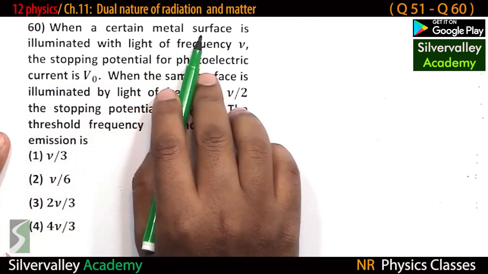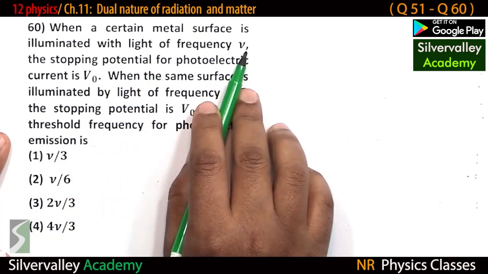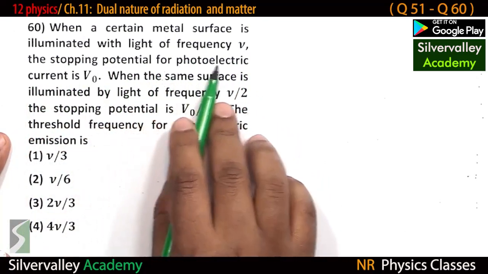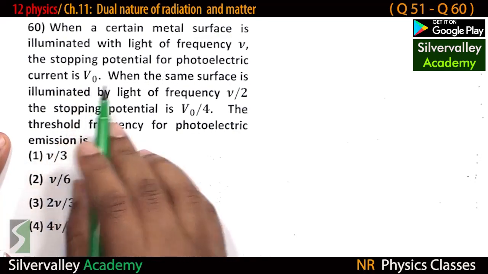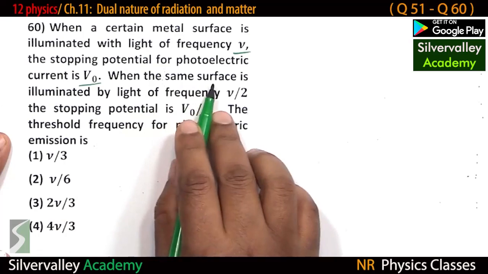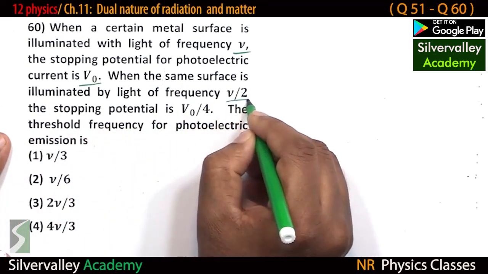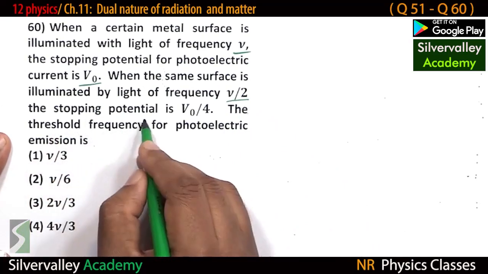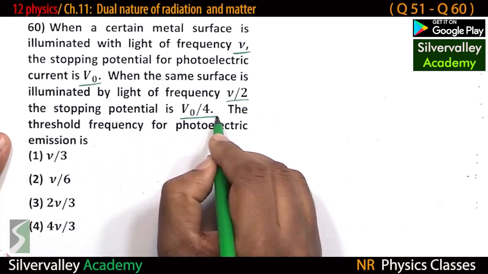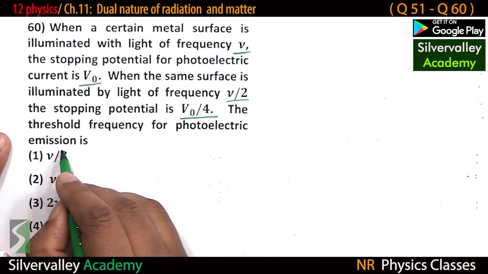When a certain metal surface is illuminated with light of frequency nu, the stopping potential for photoelectric current is V0. When the same surface is illuminated by light of frequency nu by 2, stopping potential becomes V0 by 4. What is the threshold frequency of photoelectric emission?